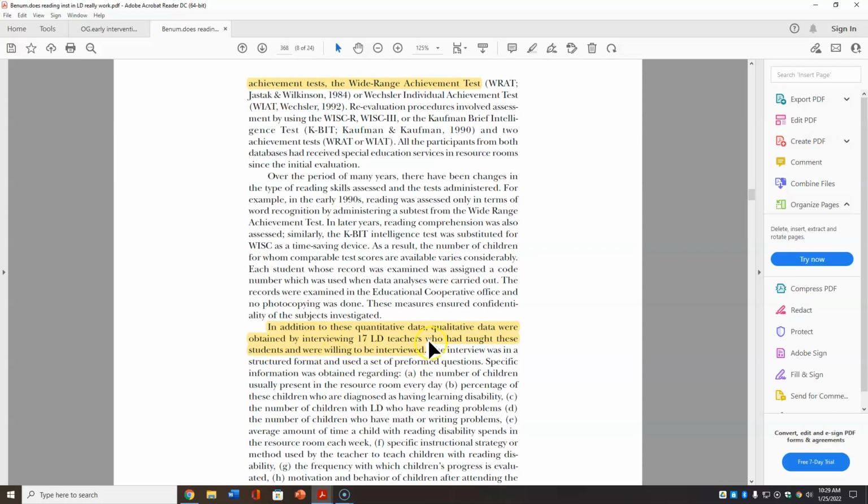Okay. In addition, quantitative data and qualitative data were obtained by interviewing 17 LD teachers. All right, 17, that's a pretty good number of teachers. This helps us put the quantitative data in some sort of context. Now, will this research study prove anything?